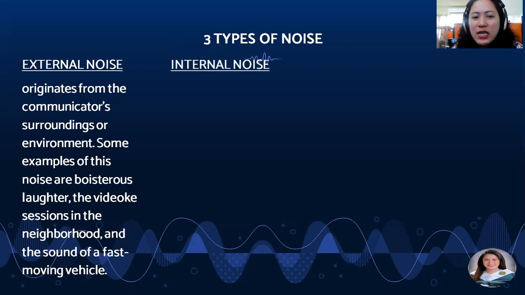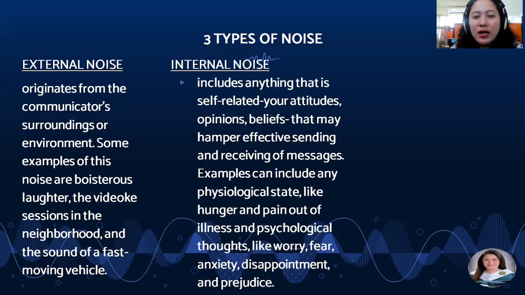But when you say internal, that's something you can feel inside you, like your attitudes, your opinions, your beliefs, and also psychological thoughts like worry, fear, anxiety, disappointment, and prejudice.